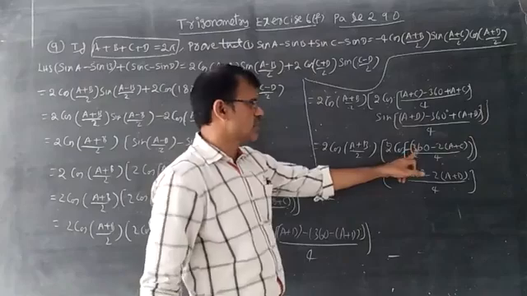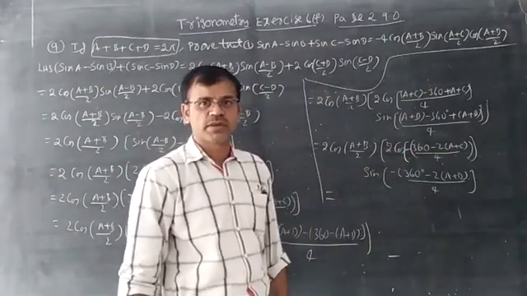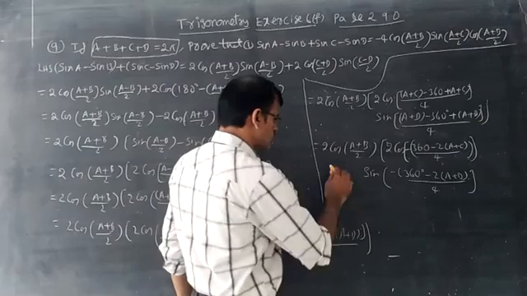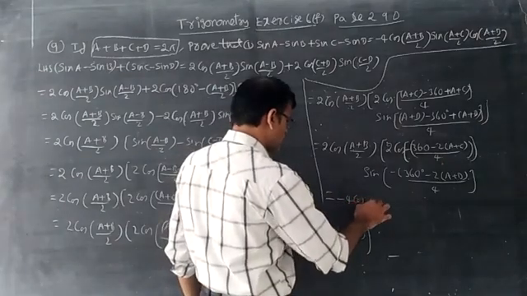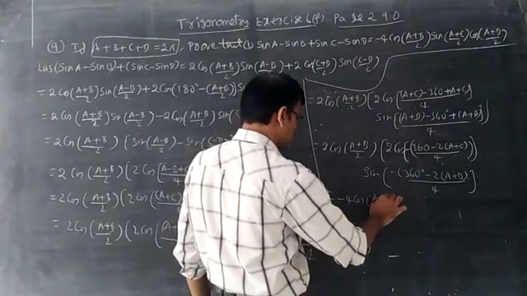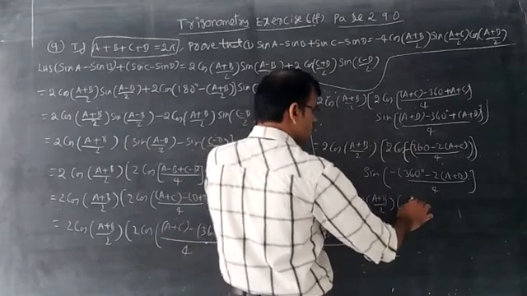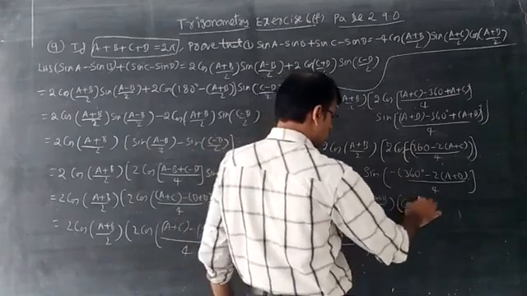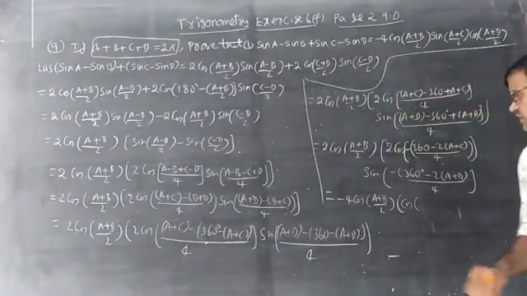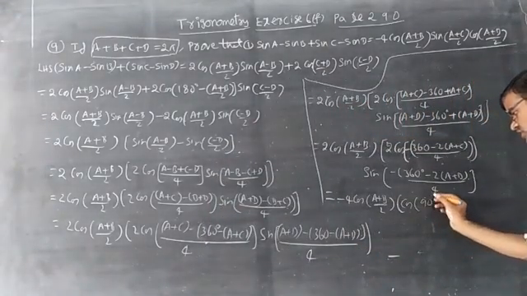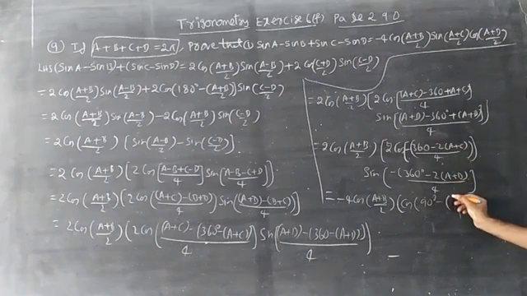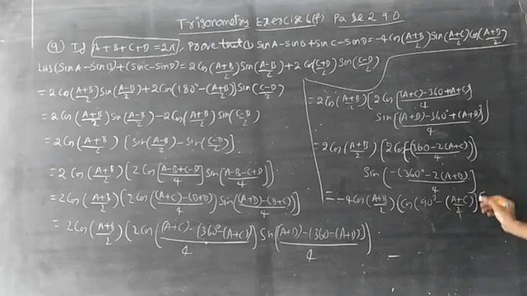Now you can understand cos of minus theta becomes cos theta and sin of minus theta becomes minus sin theta. Minus 2 to the 4, right, minus 4 cos of a plus b by 2 into, this can be written as cos of 360 by 4 separately, this is 90 degrees minus of 2 into a plus c by 4 becomes a plus c by 2, into sin of 360 by 4, which can be understood as 90 minus of a plus b by 2.